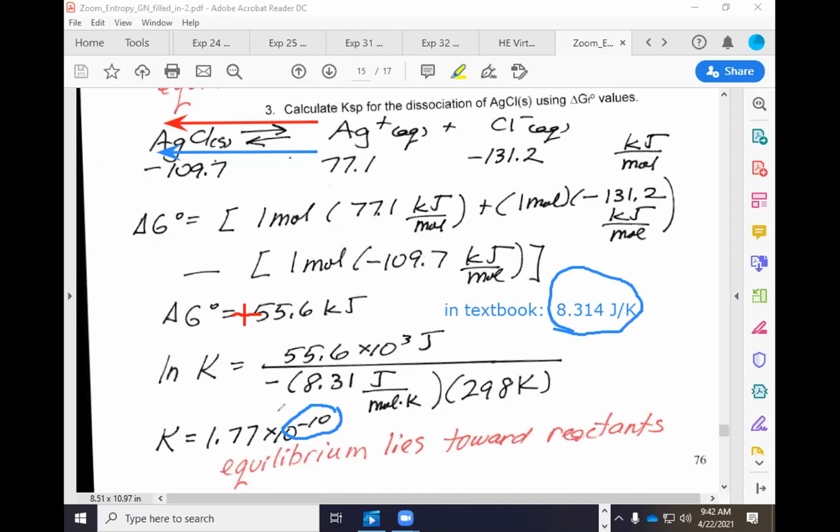What's important is this exponent. So this is what gives you all the information. This number might be slightly different if you use a lot more significant figures here, but this is what gives you all the idea about where the equilibrium lies. So that's why I was saying, as long as you're close and you're in the ballpark, you would get full credit.